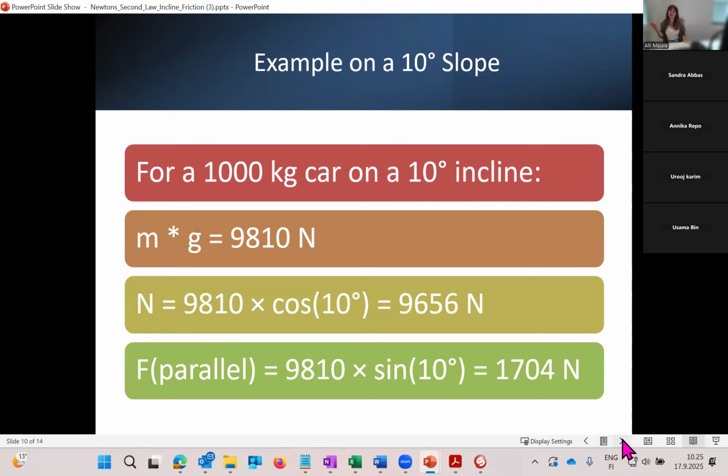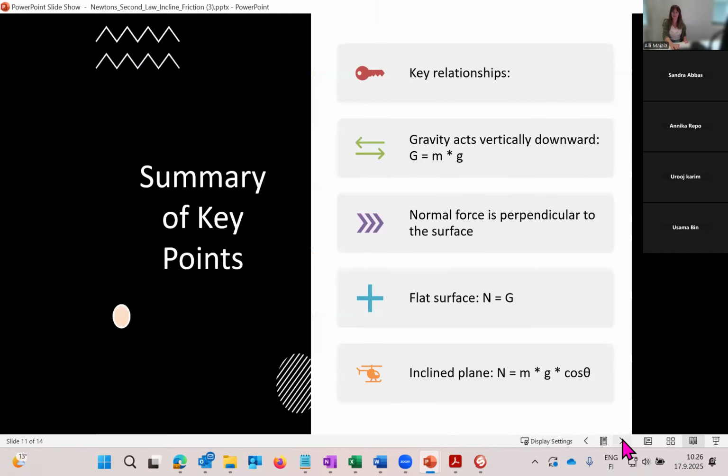For this car on an incline, the normal force, then we would have to multiply with cosine of this 10 degree incline. Maybe like this. And then we could also calculate the parallel force. Okay, now it gets a bit more complicated, and here we need the right angle triangle.